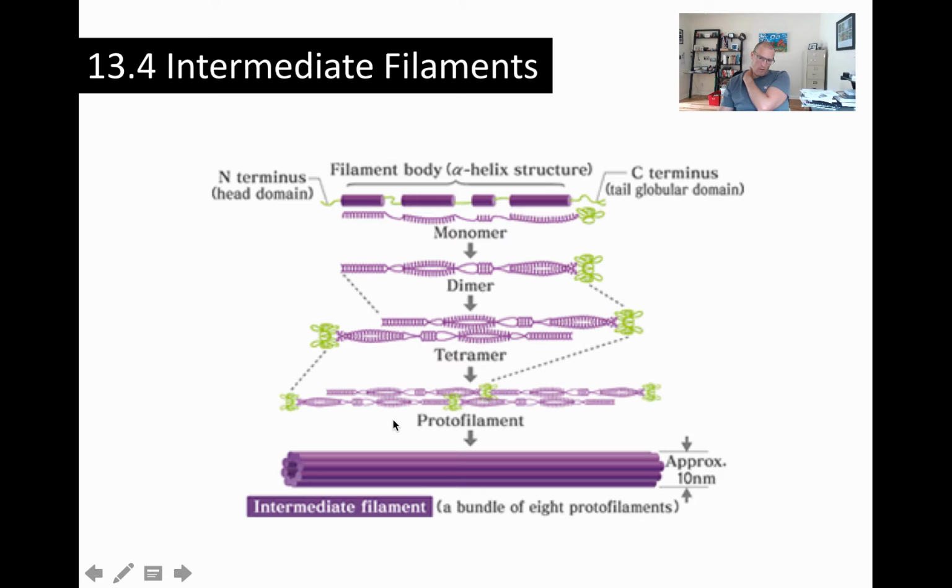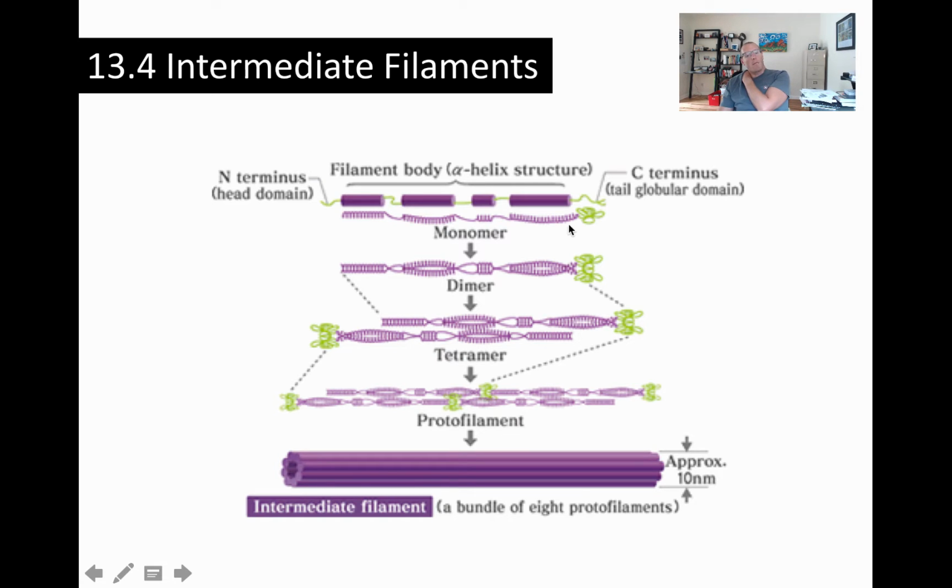So you can see this is an incredibly beautiful example of quaternary structure in proteins. But there is no tertiary structure, because all we have here is alpha helix, so there's no folding of the alpha helices or beta sheets, because beta sheets are absent here.